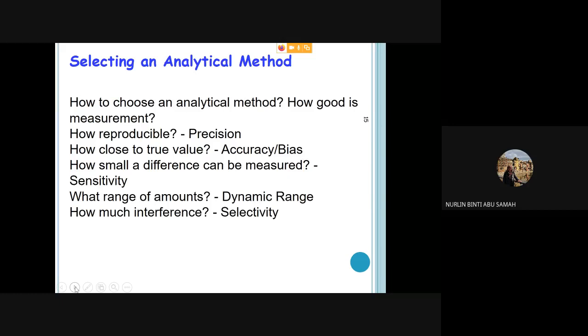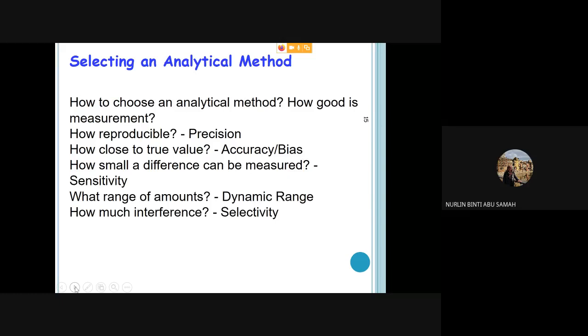The first question is how to choose the analytical method, and then how good is the measurement. When we talk about how good the measurement is, we always refer to how accurate your analysis is and how precise your analysis is. Those are the parameters that tell you whether your measurement is good or not.